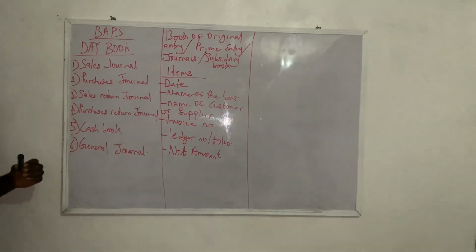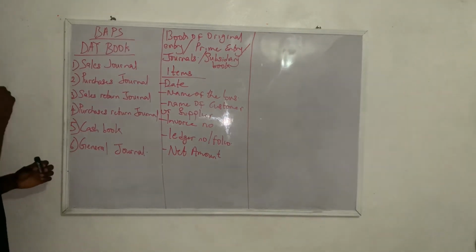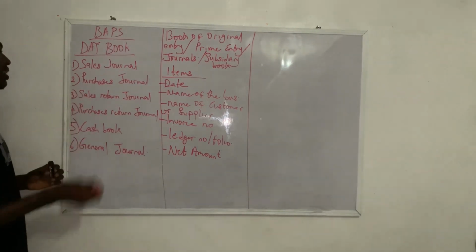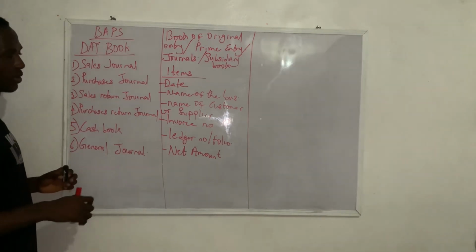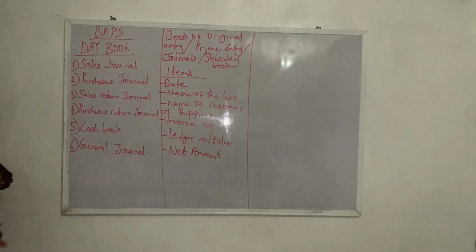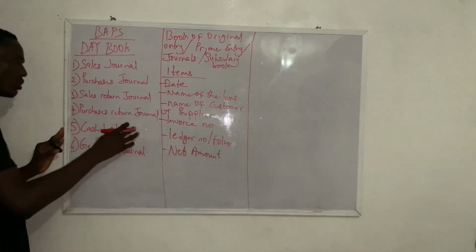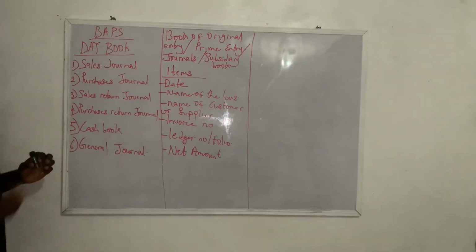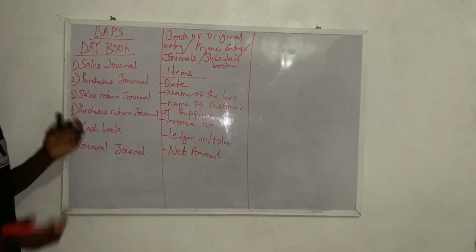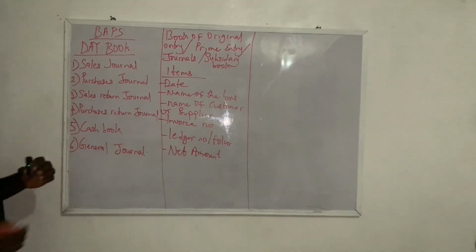If you remember when I was explaining source documents in our previous class, I said if it is return inward, we will issue out a credit note to our customers. But if it is return outward, that's purchases return, then we will receive a credit note from our supplier. So these are the source documents that back up each of these books.